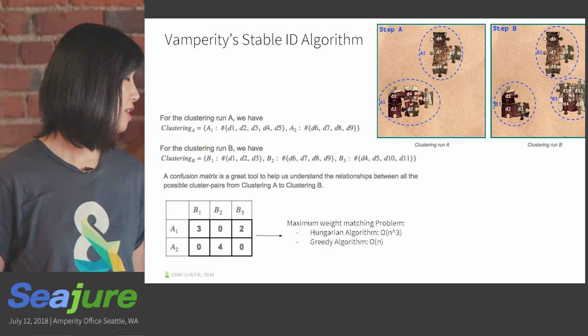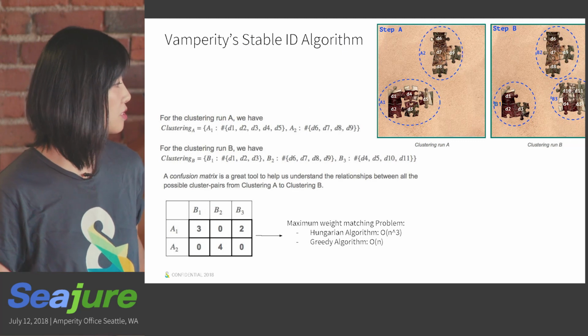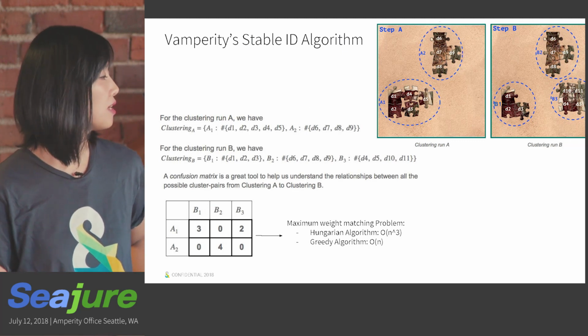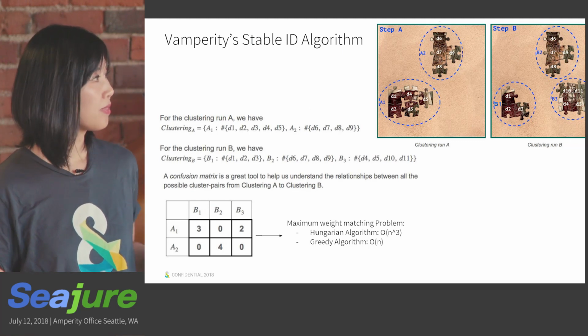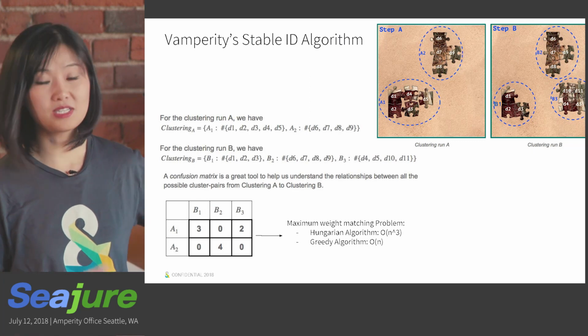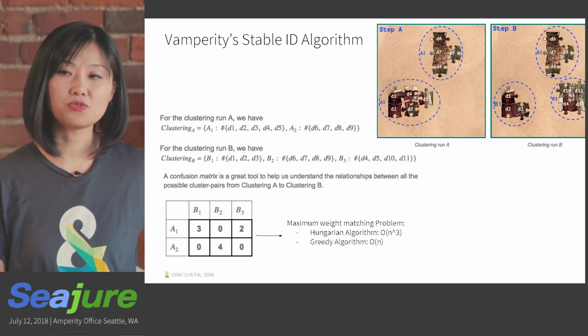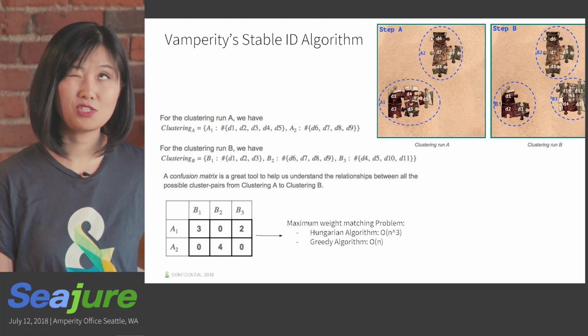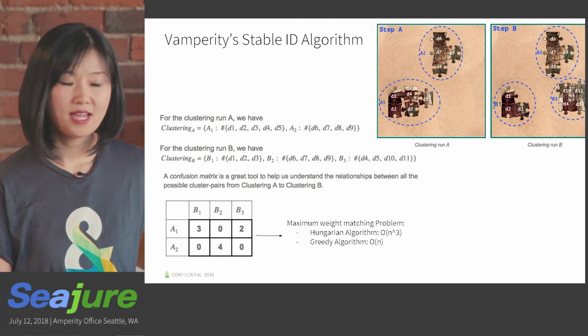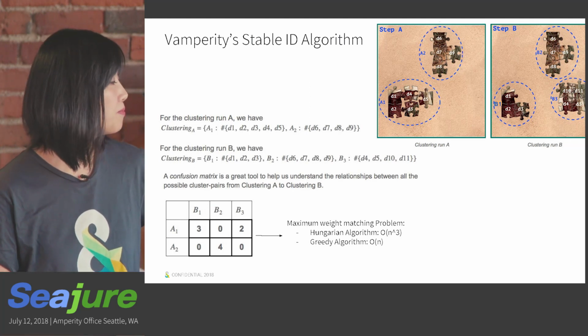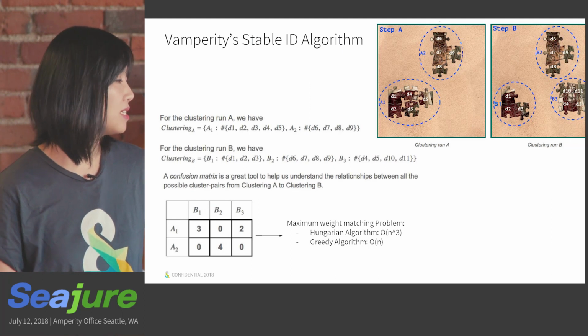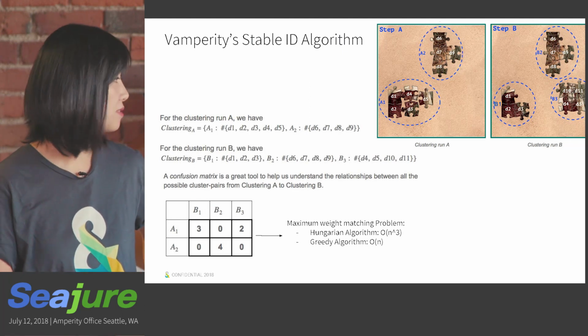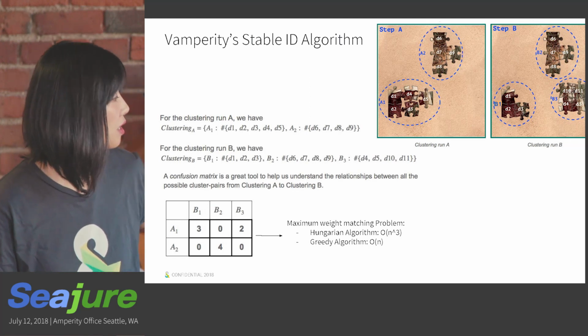If you look at this matrix, clusters A2 and B2 are identical, so intuitively you would assign B2 the same ID, A2, right? However, B1 shares 3 pieces with A1, and B3 shares 3 pieces with A1.